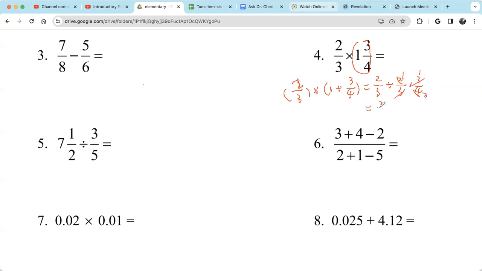So left with 2 over 3 plus half. Right, butterfly again. 2 times 2, 4. 1 times 3, 3. Operation addition. 3 plus 4, 7. Denominator 3 times 2, 6. Okay, so this is one way, but I'll show you another way.